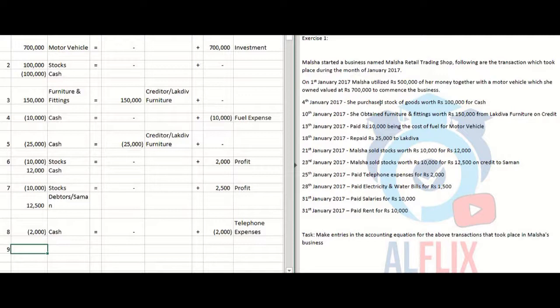So this will again as a result decrease assets by rupees 1,500 in terms of cash, which will equal to nil value of liabilities as there is no obligation, plus a reduction in equity as a result of an expense which is incurred by the business in terms of water and electricity bills.